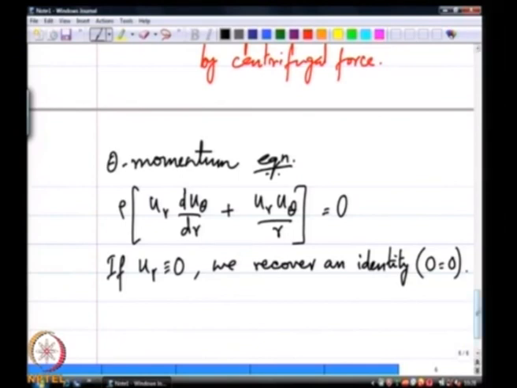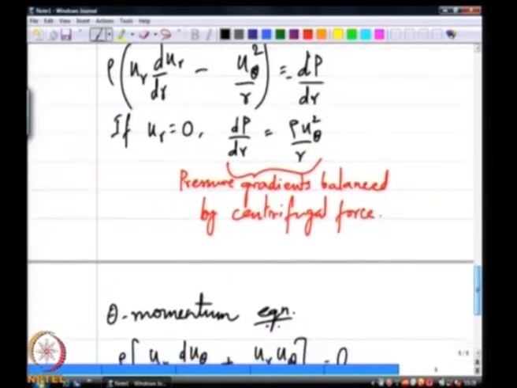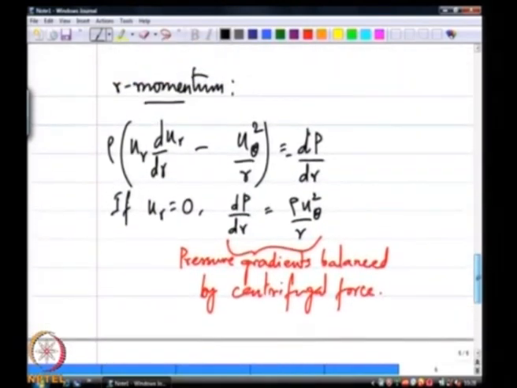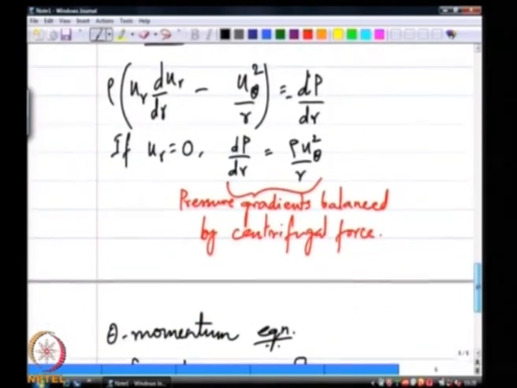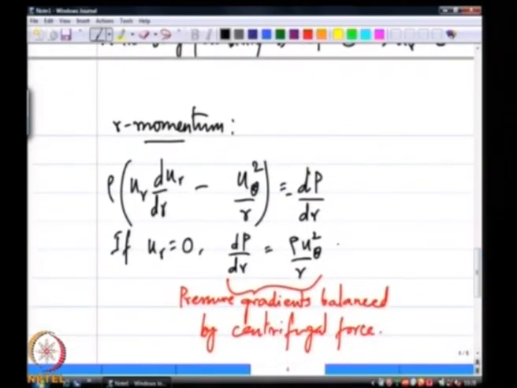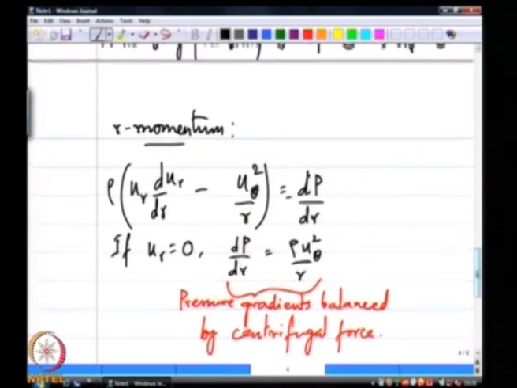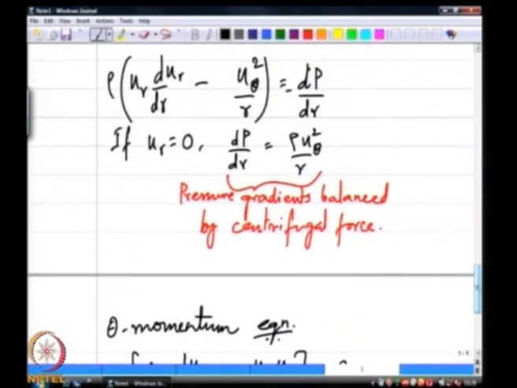So, as far as the Euler's equations are concerned, you really cannot solve for u theta and p. So, you essentially have one equation which says dP dr is rho u theta squared over r, and that is the only equation that you have, and u theta and p are two unknowns.